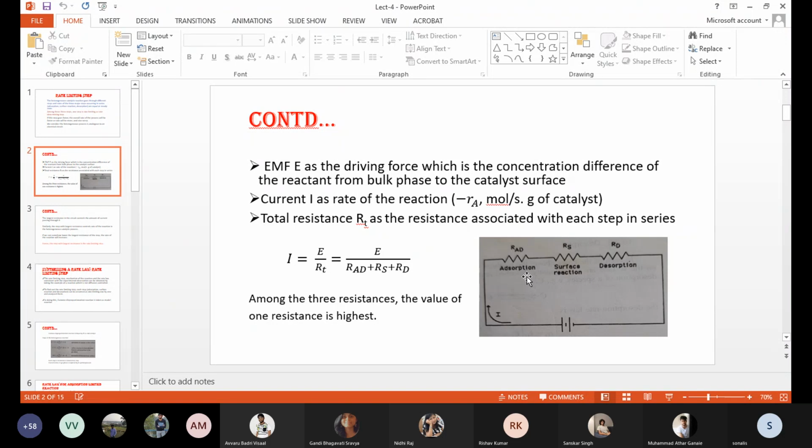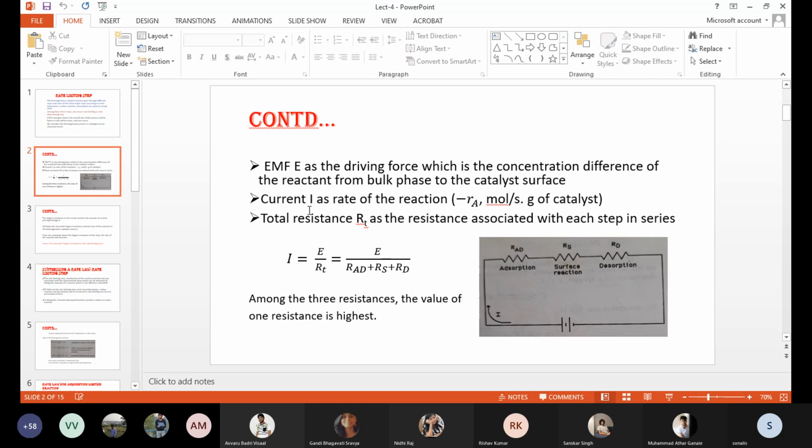So the whole current flowing through this circuit is controlled by the surface reaction. The more the resistance, the lesser the current flowing through the circuit. So overall current will be lesser if the resistance of one step is more. E is the electromotive force, the driving force, which is the concentration difference of the reactant from the bulk phase to the catalyst surface. That controls the mass transfer.